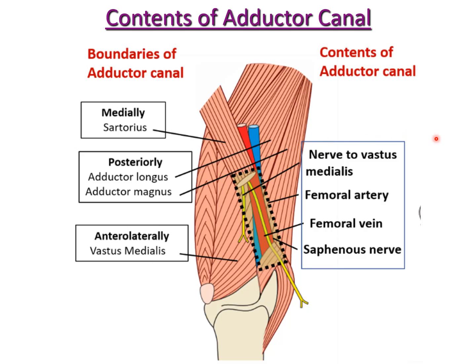The contents of this canal are two nerves and two vessels. The two nerves are the nerve to vastus medialis and the saphenous nerve, and the two vessels are the femoral artery and the femoral vein.